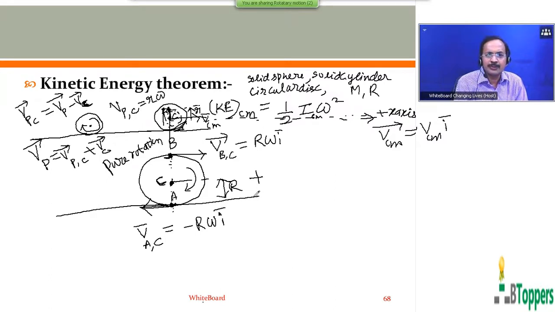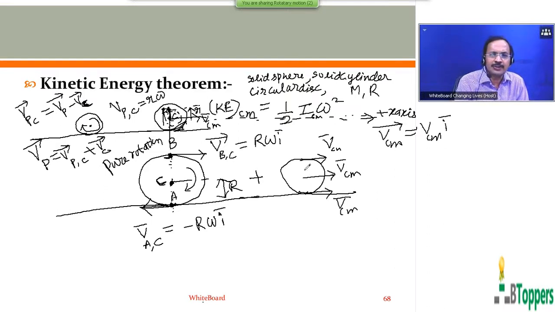If the body performs pure translatory motion, then as I discussed earlier, all the particles of the body will have the same linear velocity. So the velocity of any point of the cylinder will be the same as the velocity of center of mass when the cylinder performs pure translatory motion.